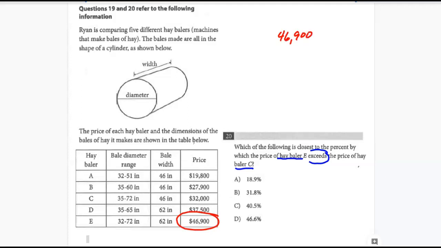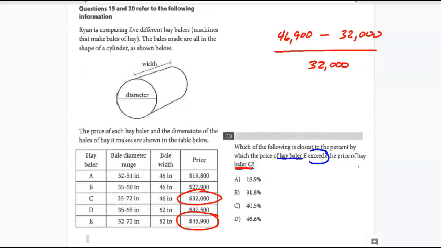And C is 32,000. All right, we need to see what the difference is, how much more it is, but then we need the percent. How much is E more than C? So C is going to be my bottom number.